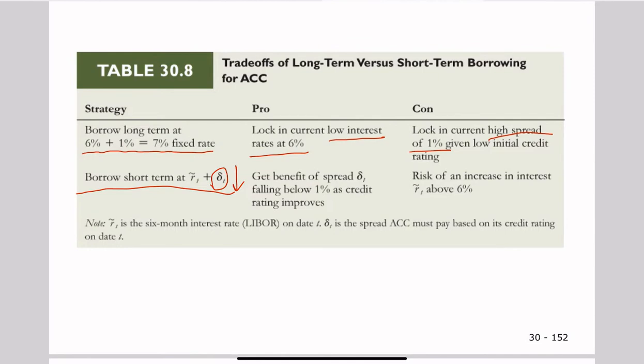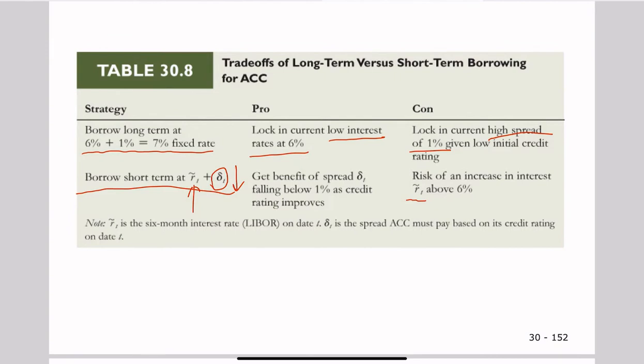But you can find the downside. The downside is this guy here, right? This RT. The firm believes in the future the LIBOR rate will increase, which means in the future, if the firm refinances every 6 months, then potentially the firm will have to pay a higher LIBOR rate, a higher interest RT, right? So it could potentially rise above 6%.